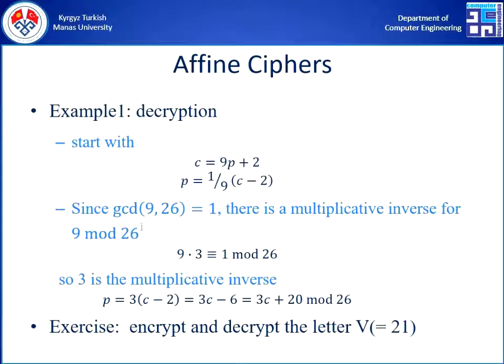Since the greatest common divisor of 9 and 26 is equal to 1, we can find the multiplicative inverse for 9 modulo 26. We will see how to calculate the multiplicative inverse later. So we can see that if we multiply 9 by 3, the remainder after division by 26 is equal to 1. So 3 is the multiplicative inverse of 9 modulo 26. We can decrypt our plaintext by using this key.